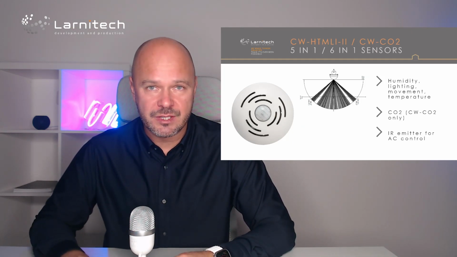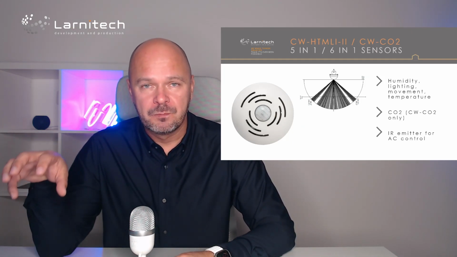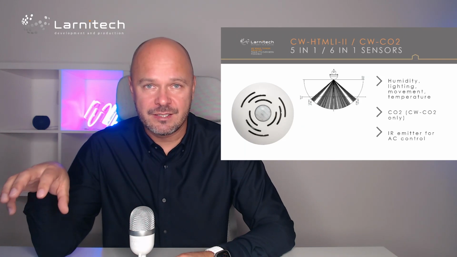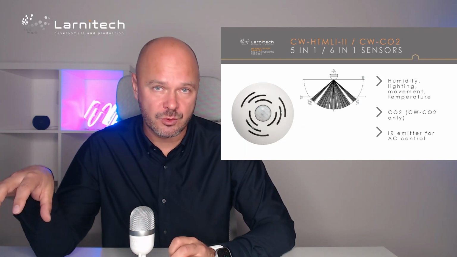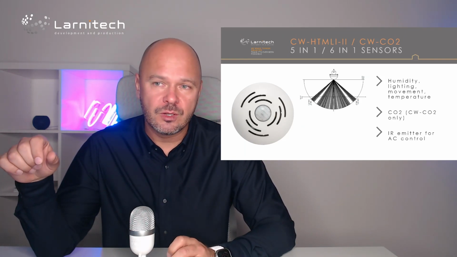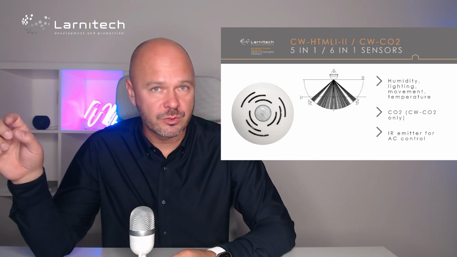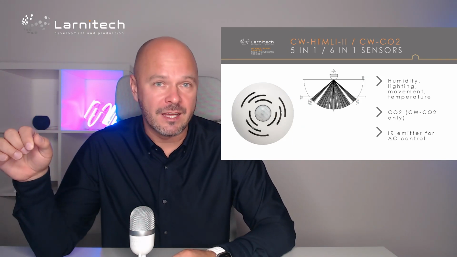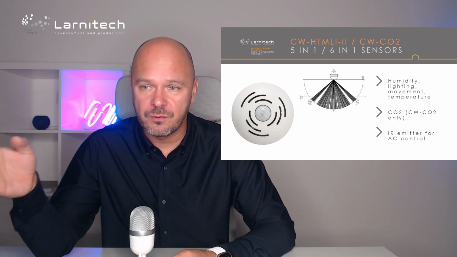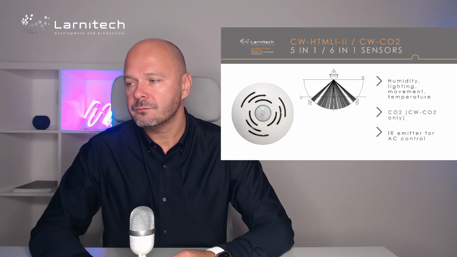And the CO2 sensor tells you what happens inside this room with CO2. CO2 level is very important for many clients right now, so try to offer it if you did not before.